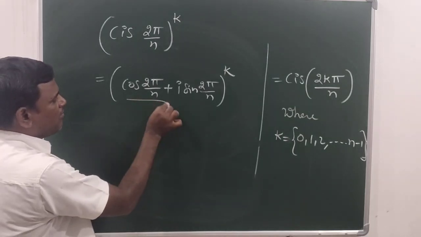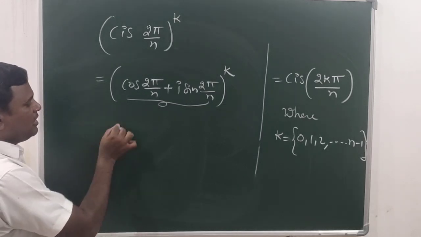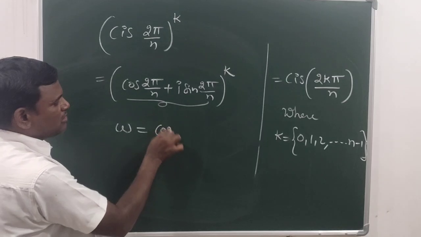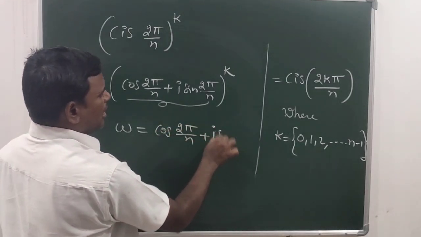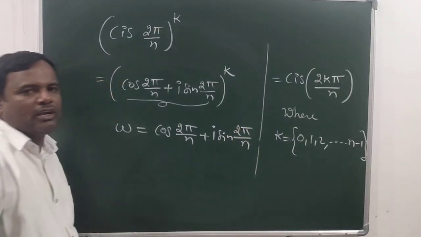Now whichever we have got inside of this bracket should be taken as omega. So here cos of 2 pi by n plus i sin 2 pi by n, this is omega.